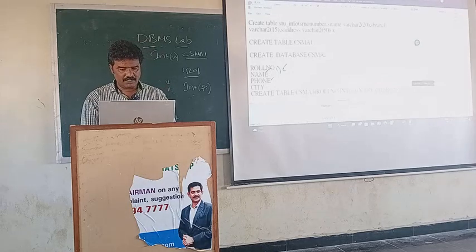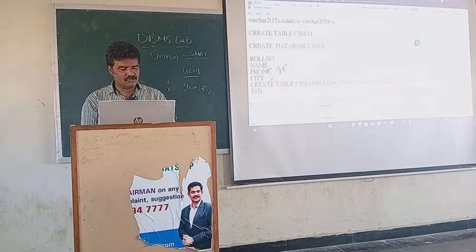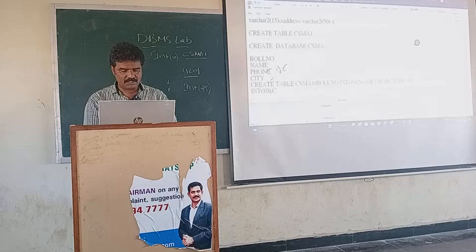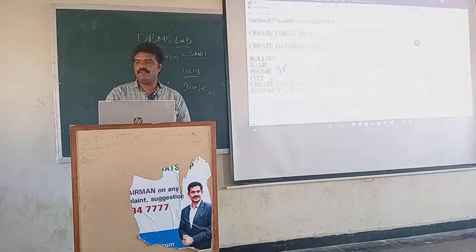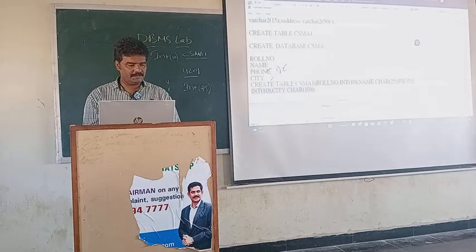Phone number. Again, phone number is purely integer and it should be 10. And again a comma, and city also is character, and again I should have 10. Then one more bracket and a semicolon. This is the way we have to create your table. Yes or no?